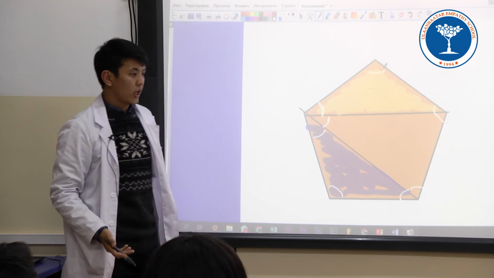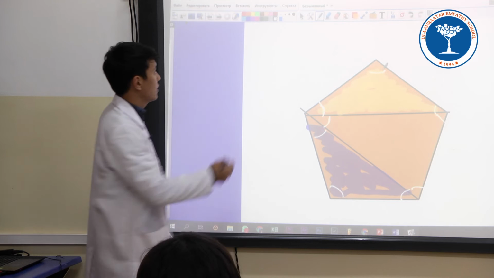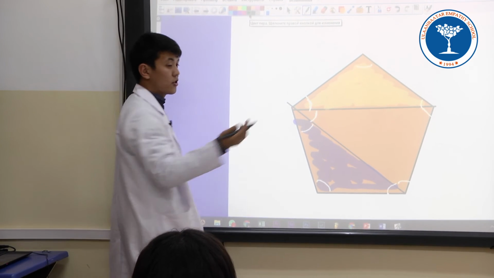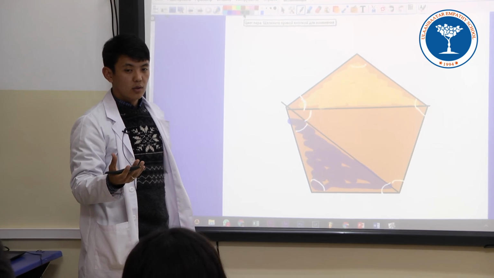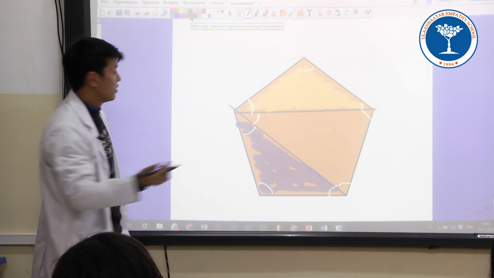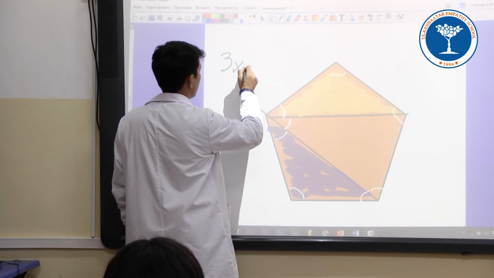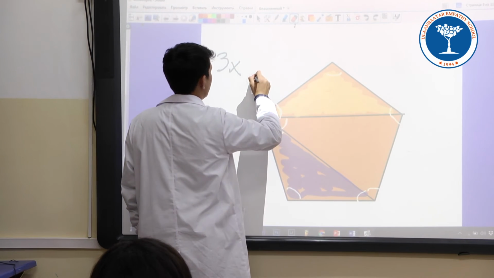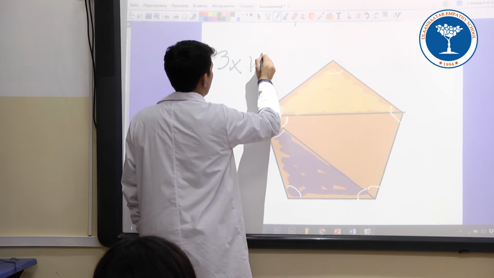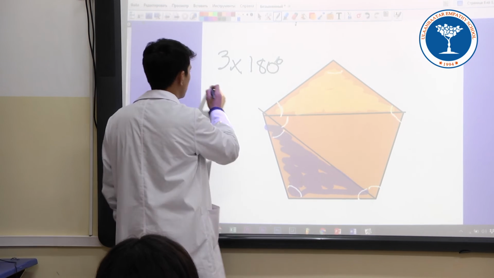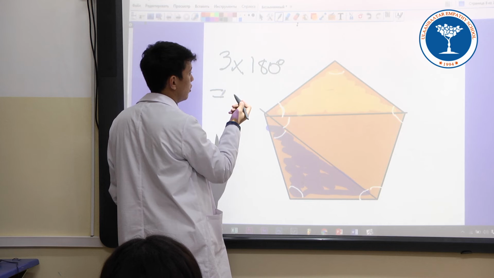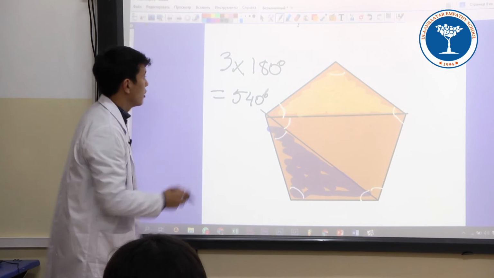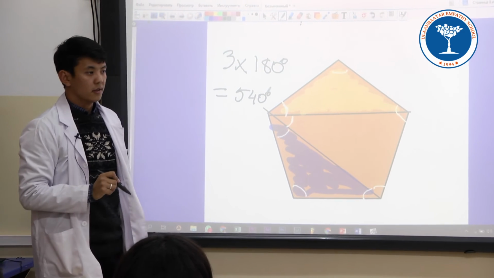Now, how many triangles do we have here? Three triangles, yes? A triangle in sum has what? 180 degrees. So you simply multiply 3 by 180, and it gives you 540 degrees.